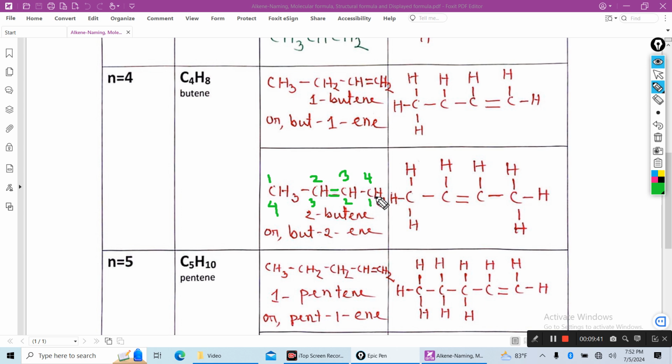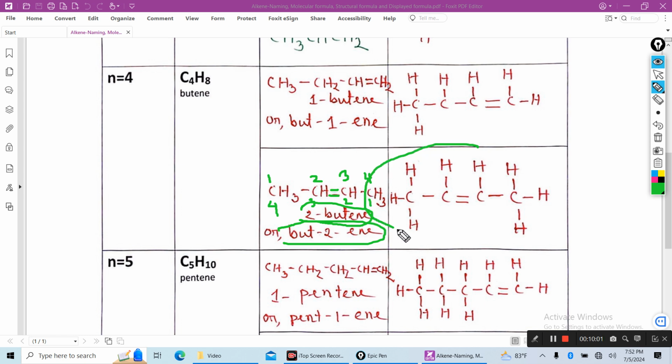If you count from the right-hand side also 1, 2, the double bond is at number 2 carbon, so this name will be 2-butene or but-2-ene. In this case, you can count from the left-hand side or the right-hand side. The double bond is at the second carbon.